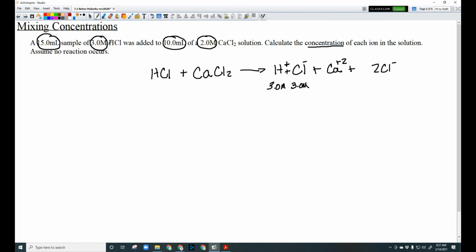So where it's 3 molar here, it can't be 3 molar here because we're increasing the volume of the solution by 10 milliliters. So this is going to be 15 milliliters plus 10 milliliters, which is 25 milliliters total.